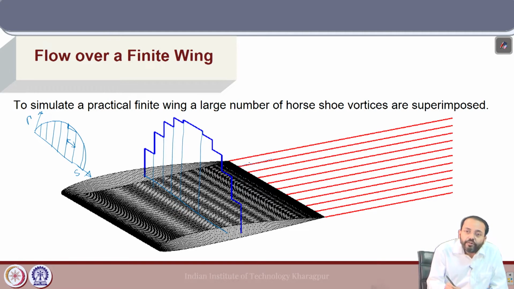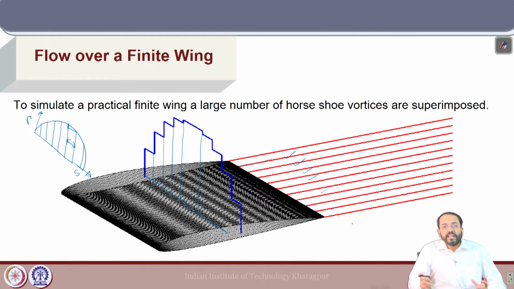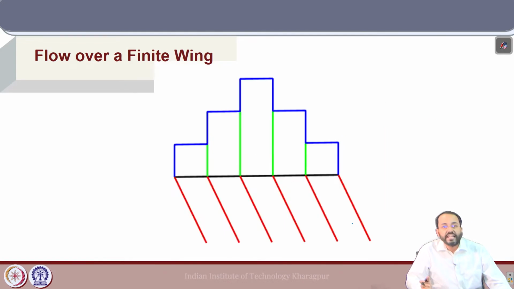So, these trailing vortices will be shed all through the trailing edge of the foil. For this wing, a number of horseshoe vortices are superimposed to show the entire trailing vortex sheet. In the next figure, we will see how it increases accordingly from one element to another.